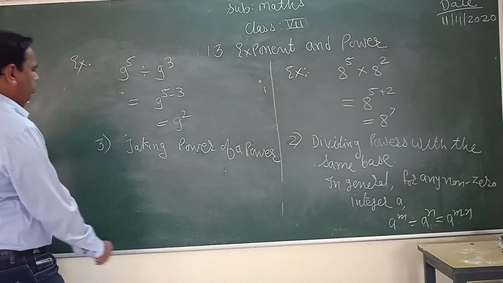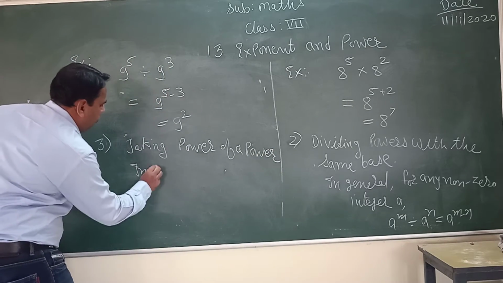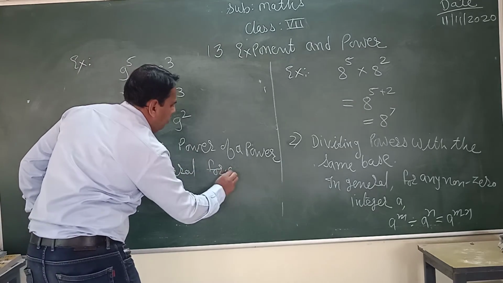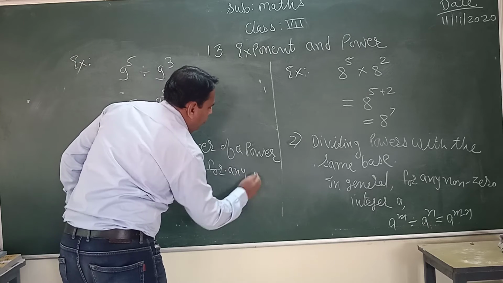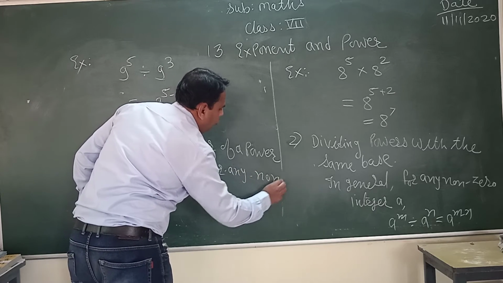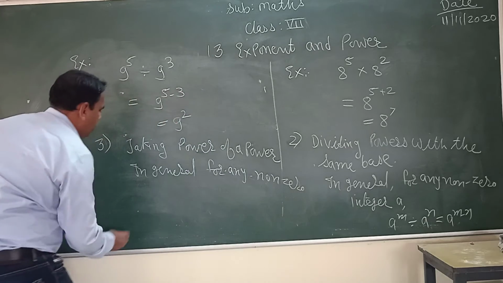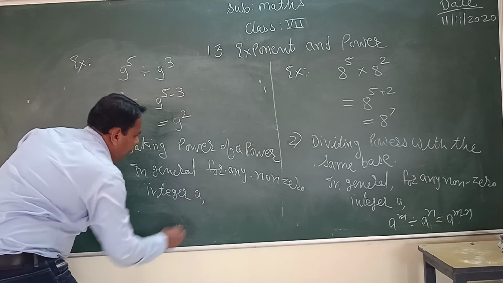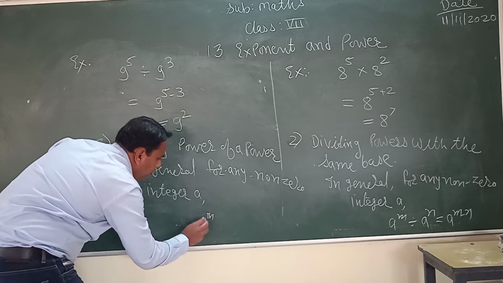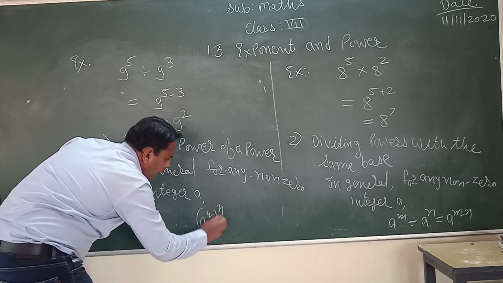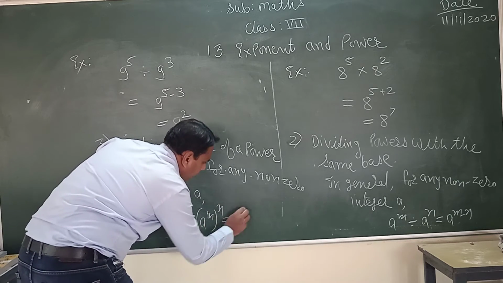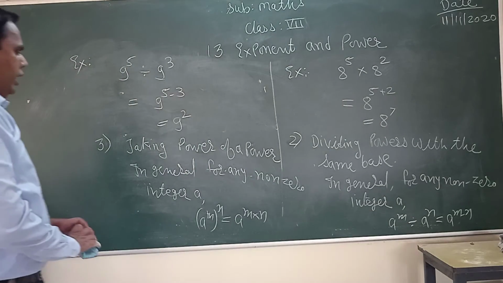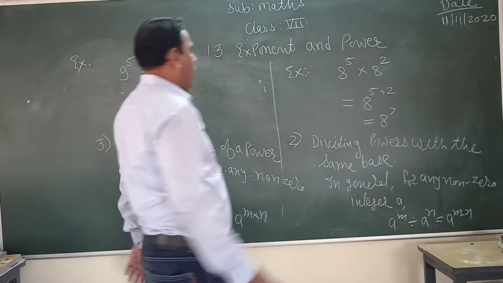In general, for any non-zero integer a, the law is a to the power m, bracket, to the power n. So we get a to the power m into n. We multiply these two powers, m and n.